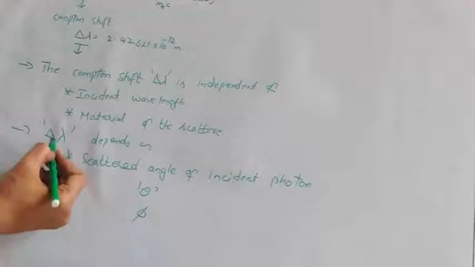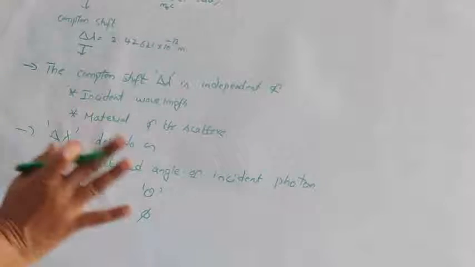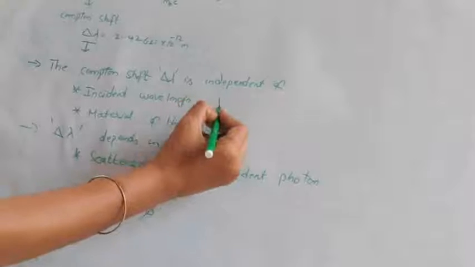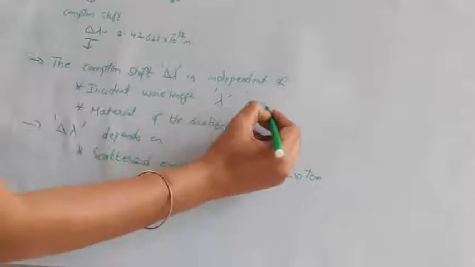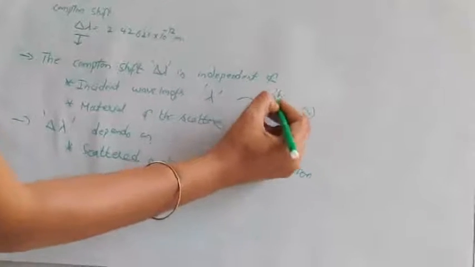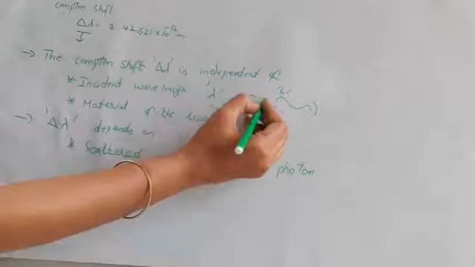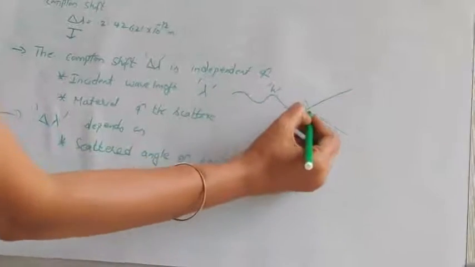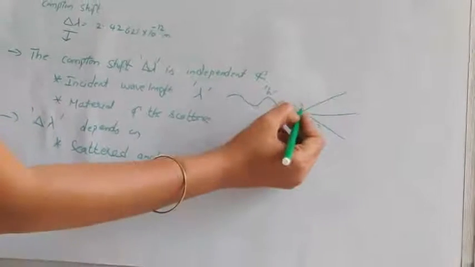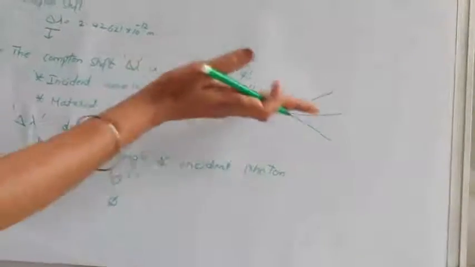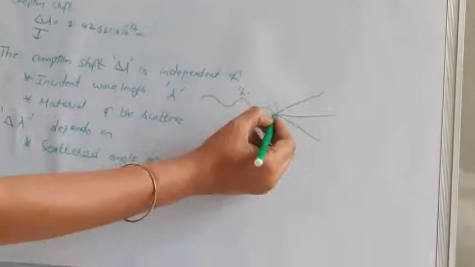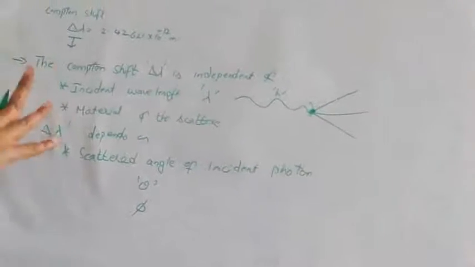So this Compton shift does not depend upon the incident wavelength. It does not depend upon the wavelength of the incident photon, but it depends upon the angle of the incident photon, which angle the incident photon is striking the free electron at rest. So, I think everybody is clear.